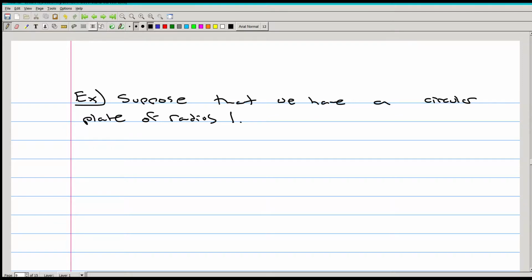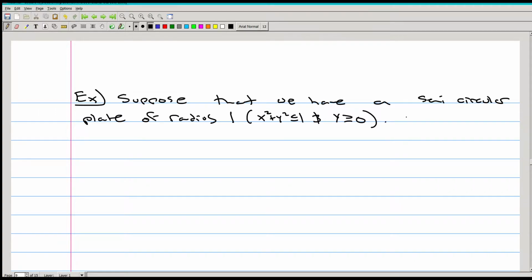And let's make this a little bit different. So we'll say a semicircular plate. So a semicircular plate of radius 1 is the region x squared plus y squared is less than or equal to 1, and y is greater than or equal to 0. Okay, that's half a circle.